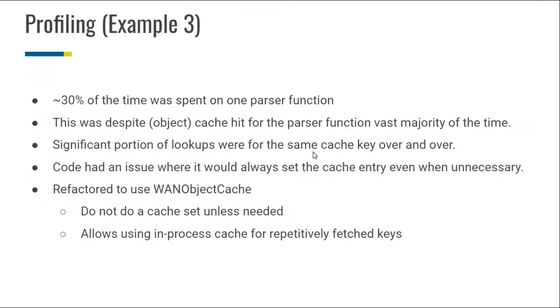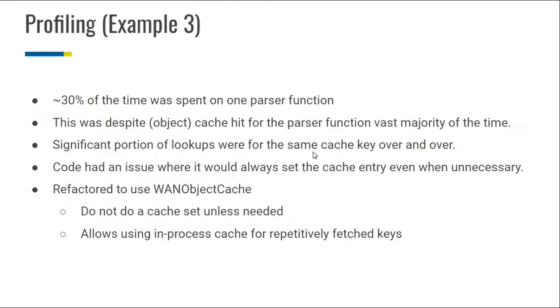Hitting an external cache, in this case Redis, is quite fast, but it's still a request. And when you do it 17,000 times, it adds up. So using WAN Object Cache, which automatically keeps the last 10 things you requested from cache around, was a massive improvement.